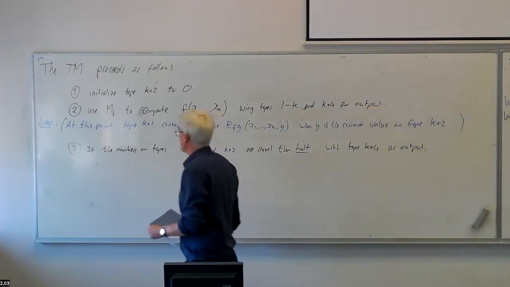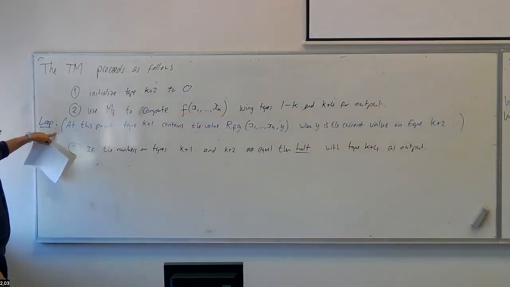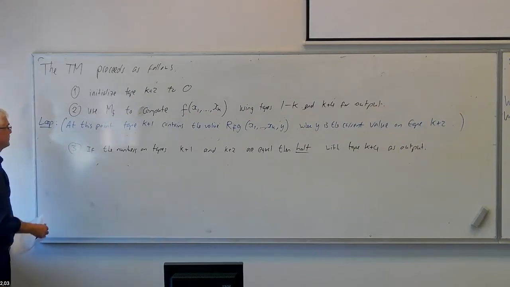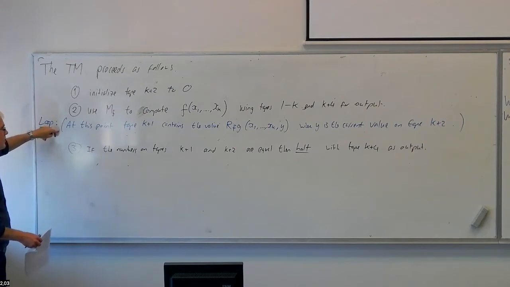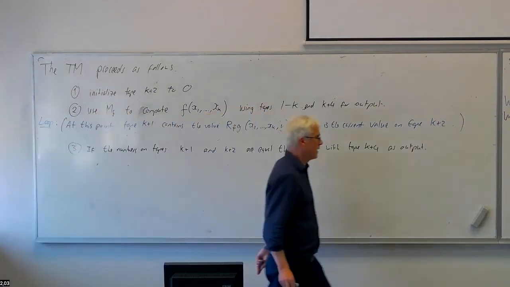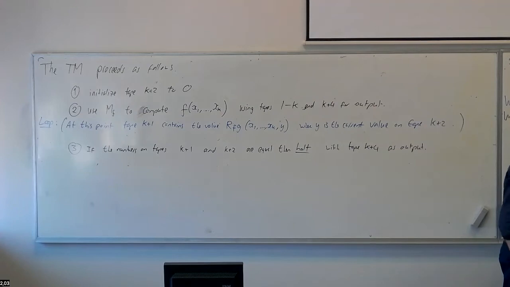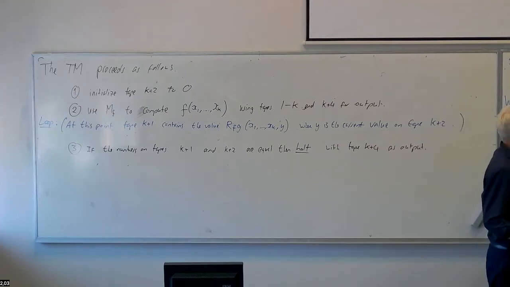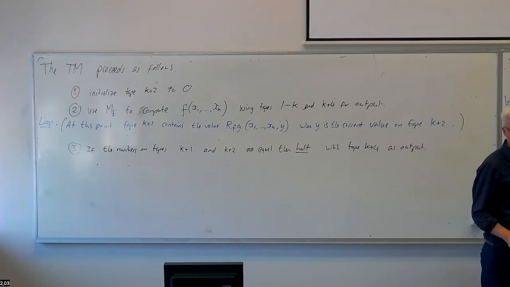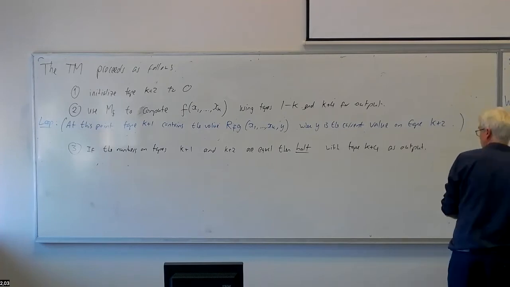So this is like the loop invariant, if you like, for those who know computer science terminology. At every time we get to this point of the loop, our k plus 4, our value being computed, is going to be, as we iterate up, RFG at 0, RFG at 1, RFG at 2, until eventually the k plus 2 tape is the value x that we initially input, at which point we have the correct value on the k plus 4 tape.